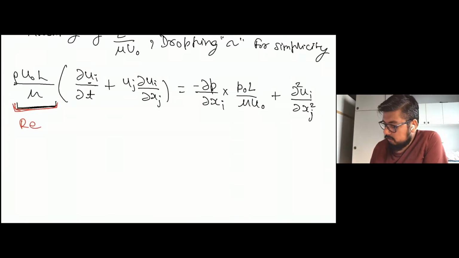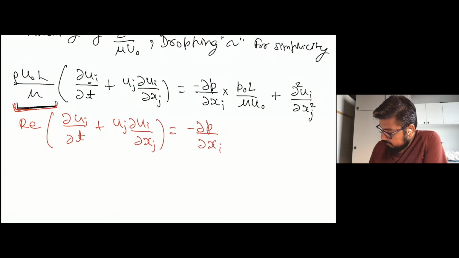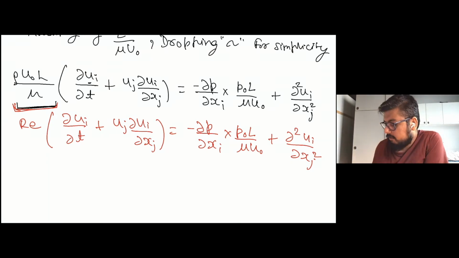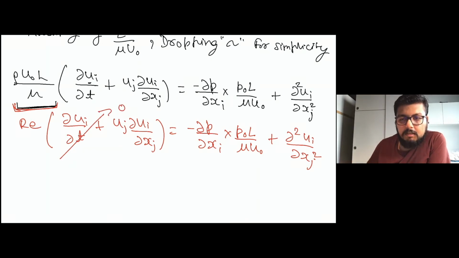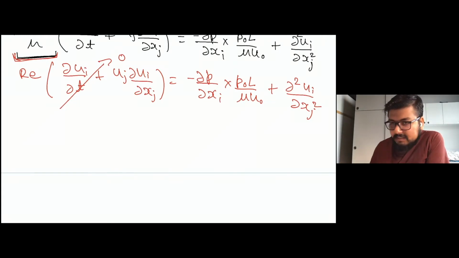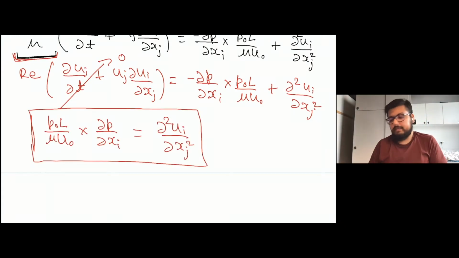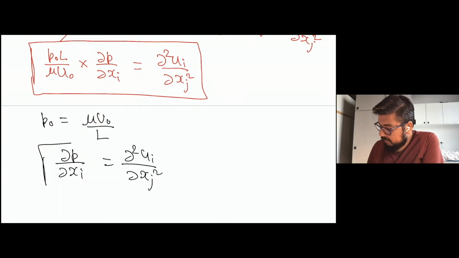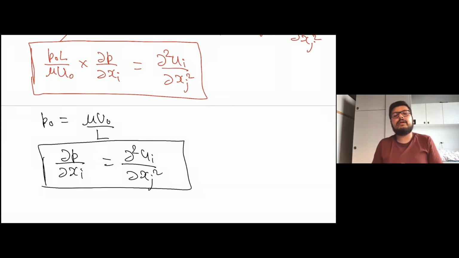And in fact, now the equation reads, and as we promised in the beginning of this lecture, that we are going to talk only about the cases at low Reynolds number. And therefore, the left-hand side of this equation will vanish, which implies that the right-hand side should also be equal to 0.